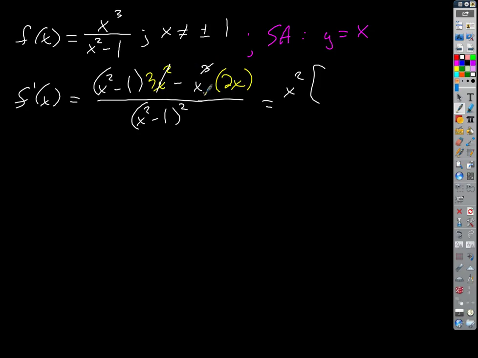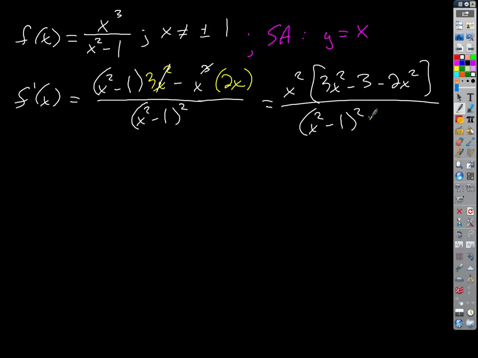So I get 3x squared minus 3 minus 2x squared, right? Which is going to reduce to what? And on the bottom, I just get my x squared minus 1 squared. What do I get on the top?